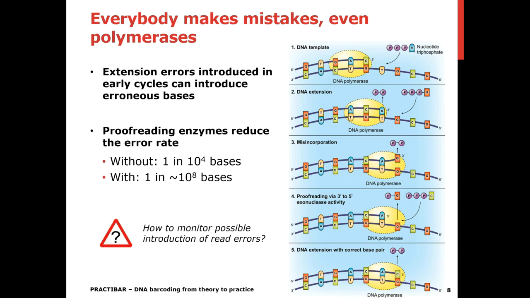So how can you monitor possible introductions of read errors? That's already presented in another presentation, and that is because you can use positive amplification controls. For instance, you can use synthetic DNA constructs called gBlocks.